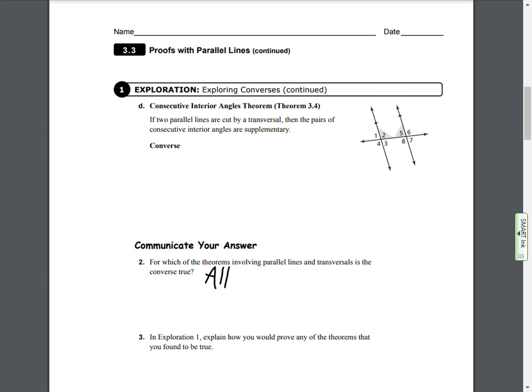When we talk about congruent angles with corresponding angles, alternate interior, alternate exterior, those are only congruent if the two lines are parallel. And the consecutive interior angles are only supplementary if those two lines are parallel. So all of these are true.